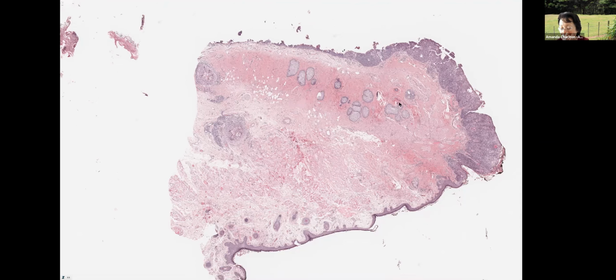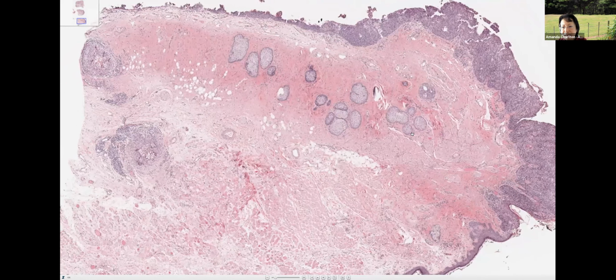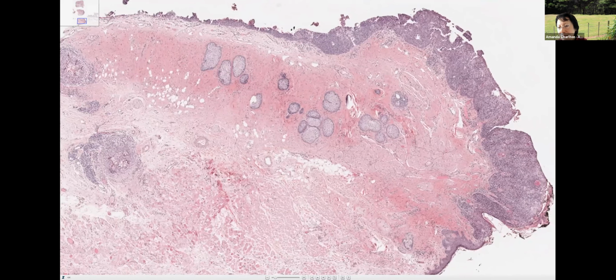It's basaloid in color, and the epithelium itself is thickened. I don't actually see anything invading into the tissue at this power, although if I look over to the left, there are a couple of nodules of more bluish cells, which I would need to investigate at higher power, but I would think it might be inflammatory because it's not as dark blue.